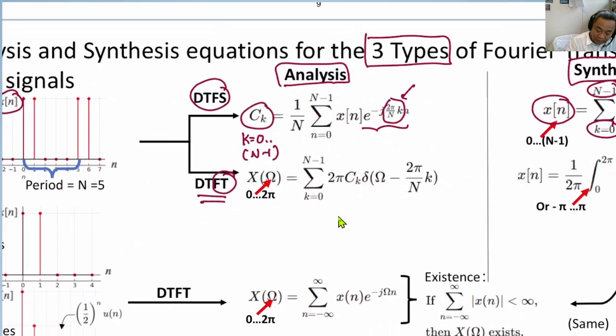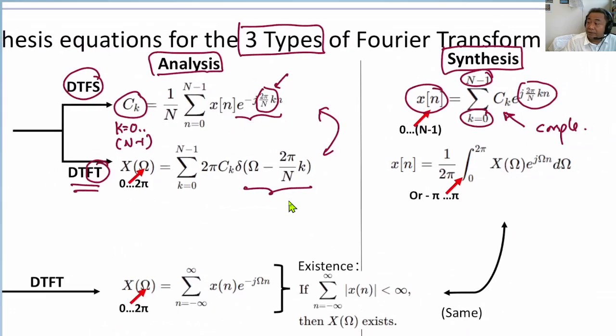The key idea is this. The coefficients of x omega become continuous. However, because xn is periodic, only frequencies at these intervals are of interest. So in the discrete time Fourier transform of a periodic signal, we should actually calculate Ck first and take the Ck value and put deltas at these frequencies multiplied by 2 pi. Okay, that's the idea.